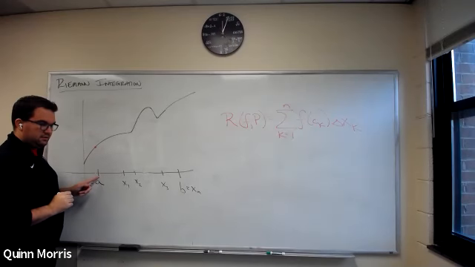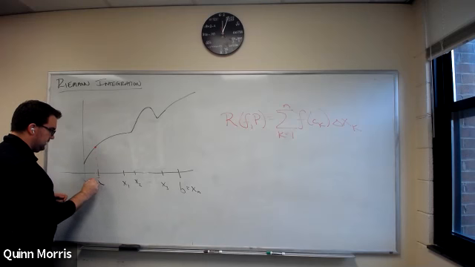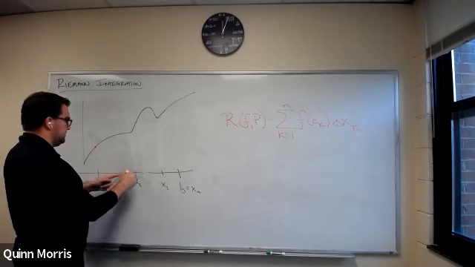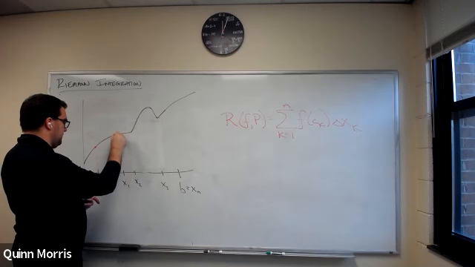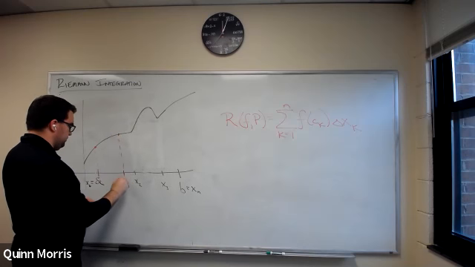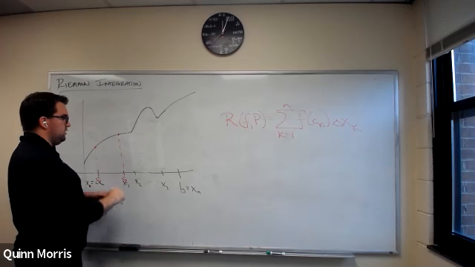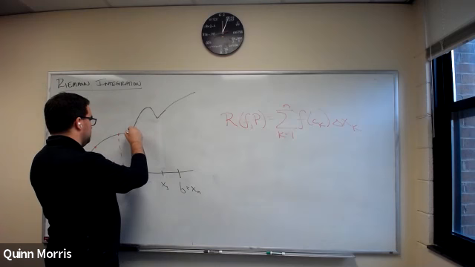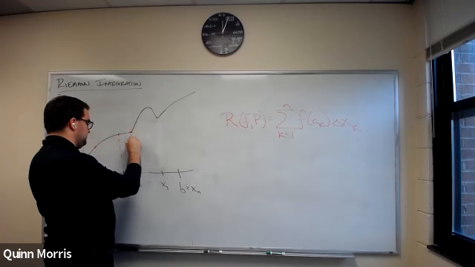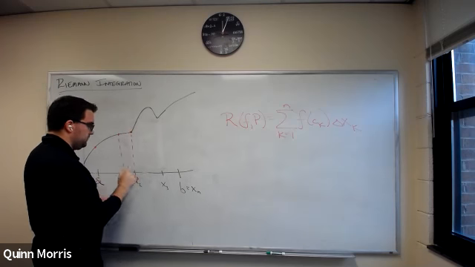Well, I think that's it, and so I would pick this to be my c1. Similarly, I'd come over here and ask, what's the smallest function value on this interval? And maybe here, that's also at this endpoint, so that would be my c2. Then I would come to this interval, x2 to x3, and ask what's the smallest function value? And I think it's, again, here. So that would be my c3.